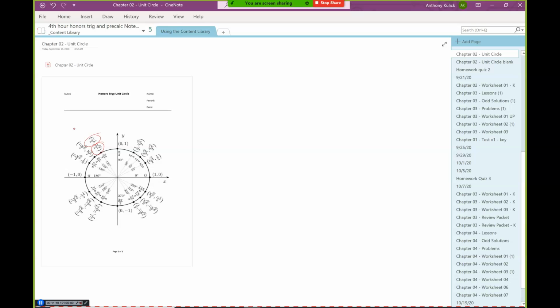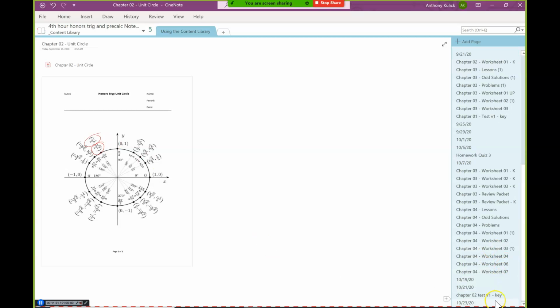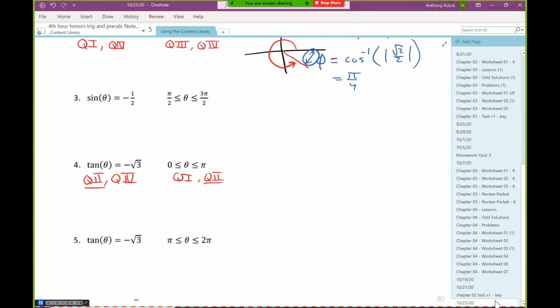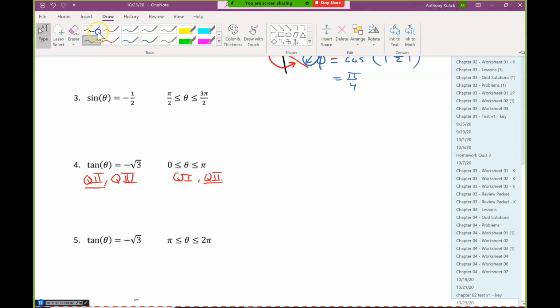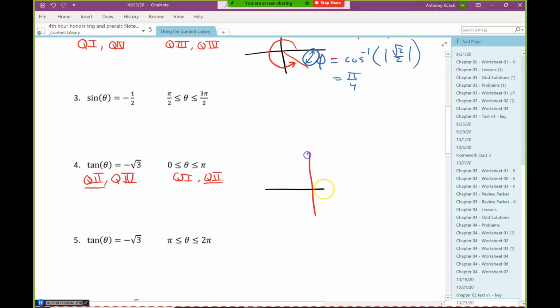Alternatively, what we had done before: we're drawing our angle in the second quadrant. So there's my angle theta. And we need to find this little spot here, the phi.